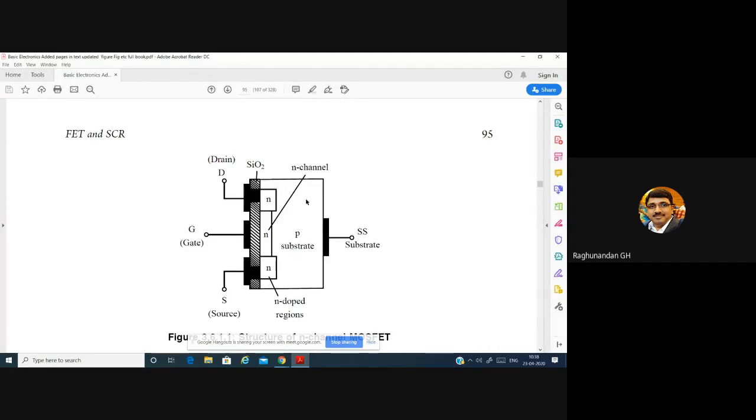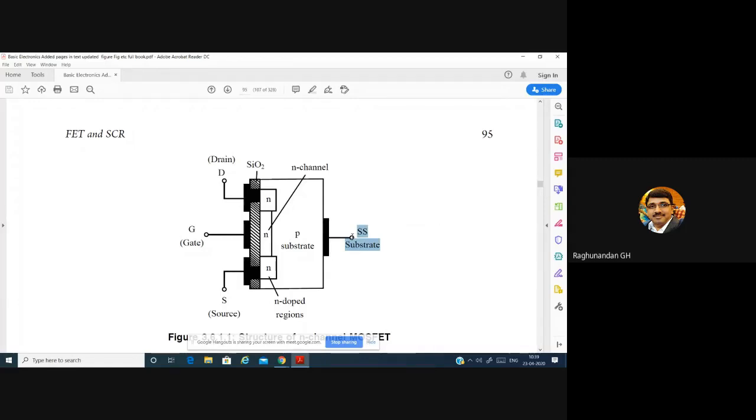P-type substrate means it contains majority charge carriers as holes. Okay, and this is just an ohmic contact or a metallic contact through which we have the substrate connection. Suppose sometimes we don't want holes or electrons to penetrate, during that time we can connect it to some particular supply, negative or positive, if required.